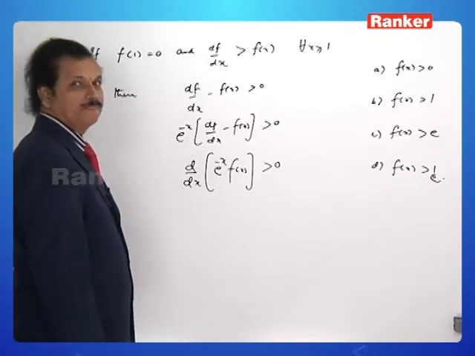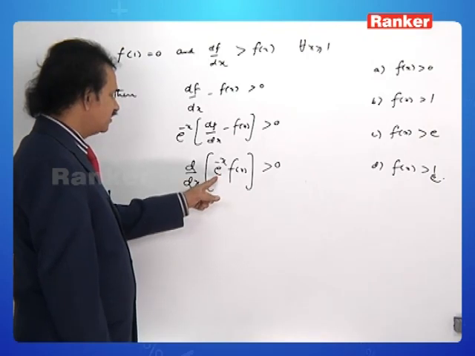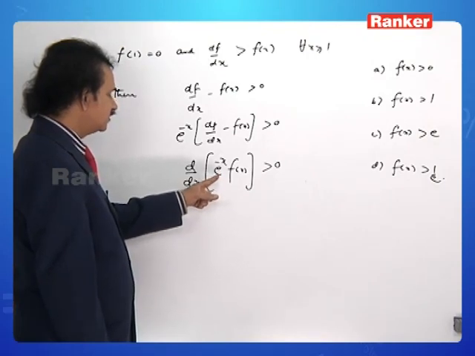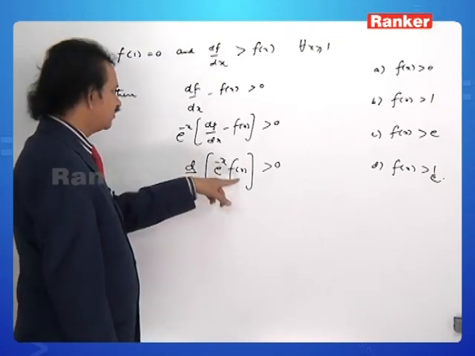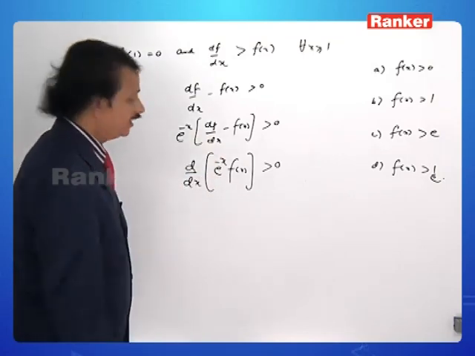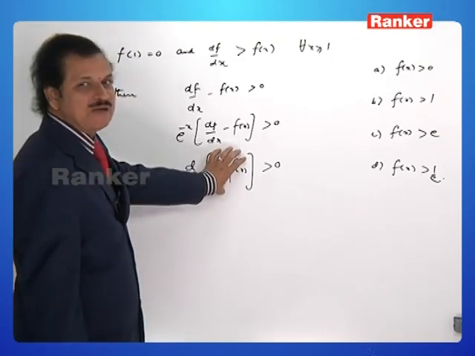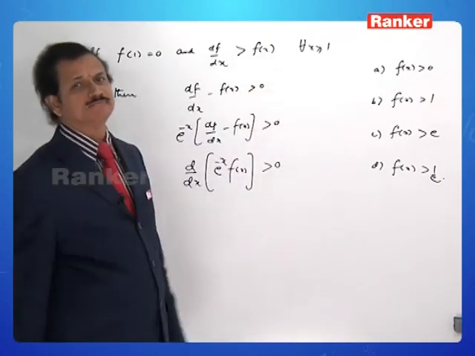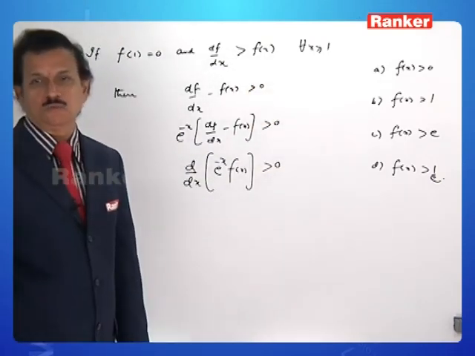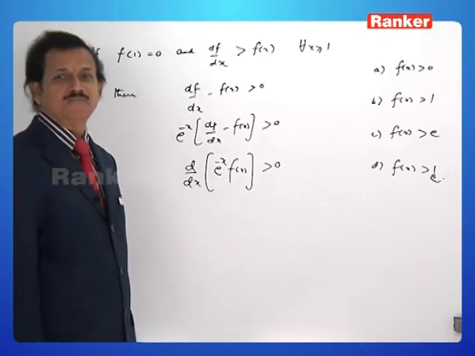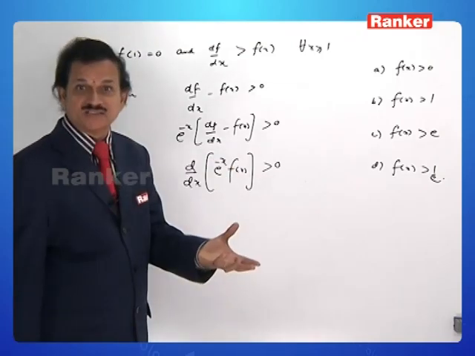You observe it. The derivative of e power minus x into f of x is minus 1 into e power minus x into f of x plus e power minus x into df by dx. Name this particular part as some g of x in your mind. This is the derivative of g of x greater than 0. What can you say about that? By the conditions of monotonicity, this particular function is increasing, isn't it?